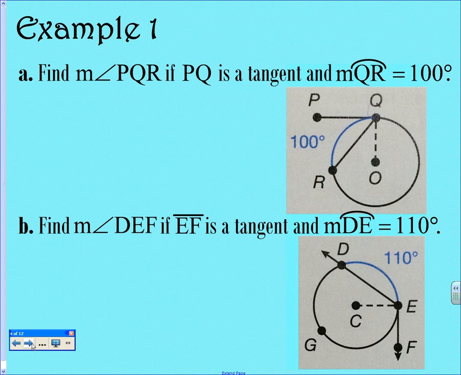So let's look at an example. We want to find the measure of PQR if they tell us that PQ is a tangent and arc QR is 100 degrees.